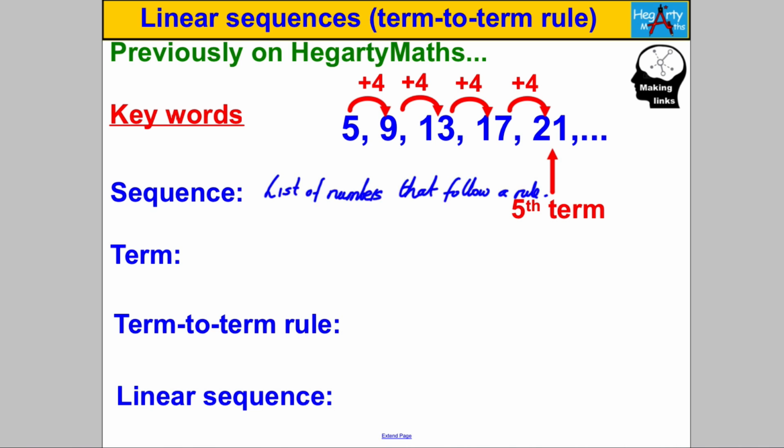A term is simply one of the numbers in the sequence. As simple as that. So what's the term-to-term rule? Well, the term-to-term rule in this case was add 4. It's the rule to get you from the term before to the next term. It's as simple as that.